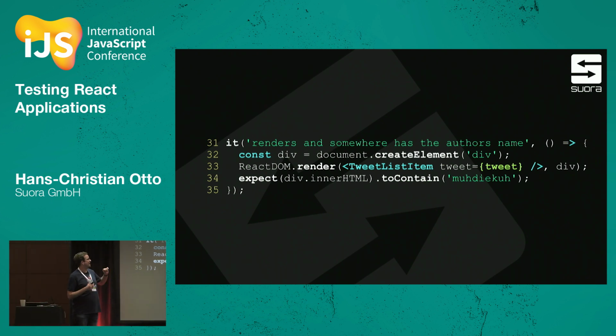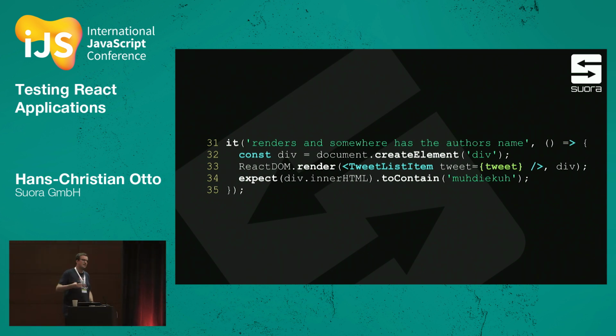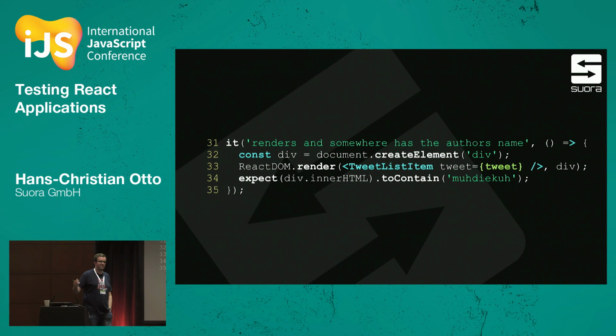What you're saying is you don't want to look for my Twitter name in here because it could be anyone's Twitter name. It is kind of more generic because this is the name that I put in here explicitly. So I say, please render a tweet for Mudiku. So it's fine to check in the test whether Mudiku is actually the Twitter name that is being rendered. There was somewhere over here. Yes?